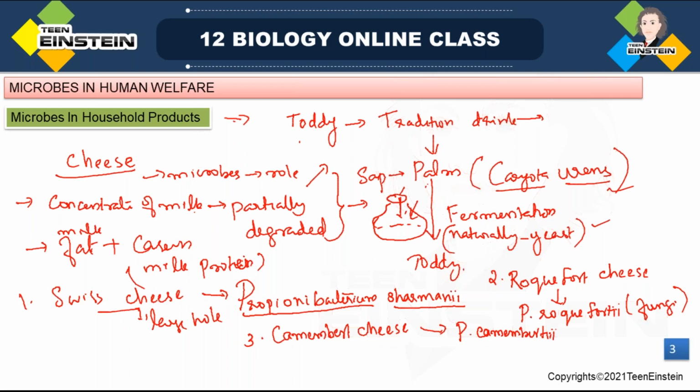This is not easy to remember because both are ripened by Penicillium species. First one is Penicillium roqueforti, because Roquefort cheese is ripened by Penicillium roqueforti. Here, Camembert cheese is ripened by Penicillium camemberti. It's connected with the name, so it's easy to remember.